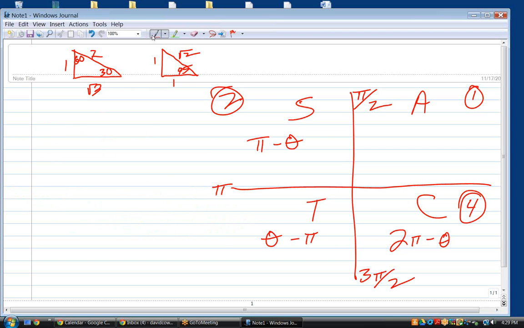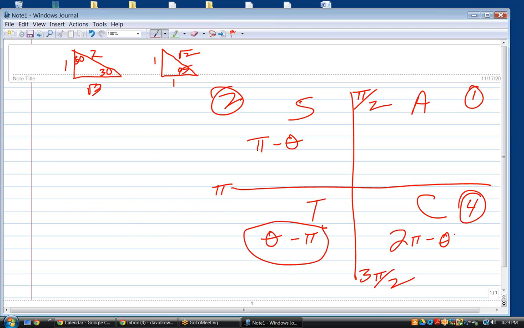Got more? Yeah, this one. Let's do a different angle. In fact, if you have something that's third or fourth quadrant, let's do that, just so you make sure you can, it's a different formula.